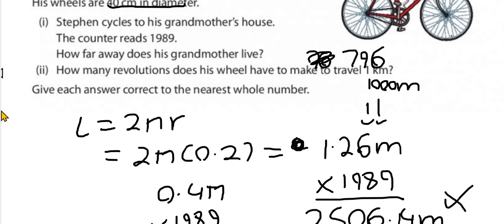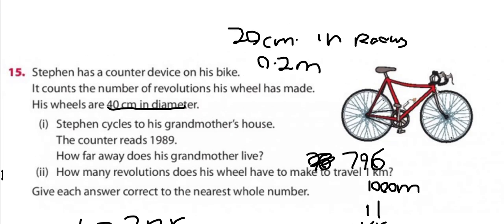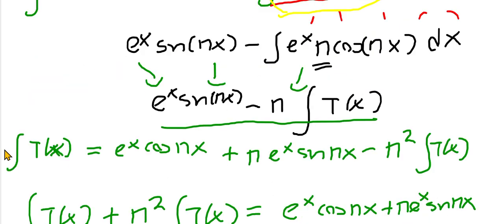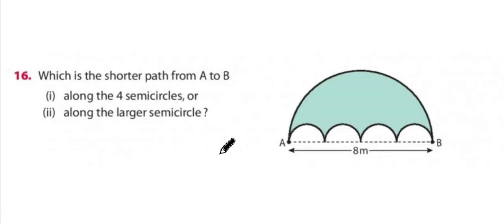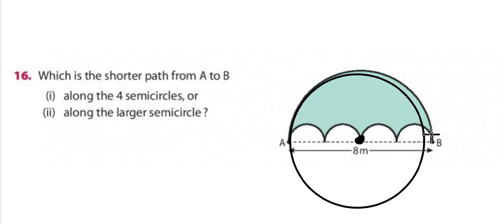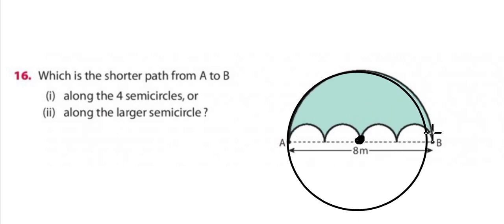Now, if we go to the next question then, we're going to 16, is it? Nope, you don't want that. Next one here. Okay. The first thing I'm going to do is I'm going to concentrate on the big circle. Everybody see the big circle? And what I'm going to do is I'm going to find the area of this half of this big circle.